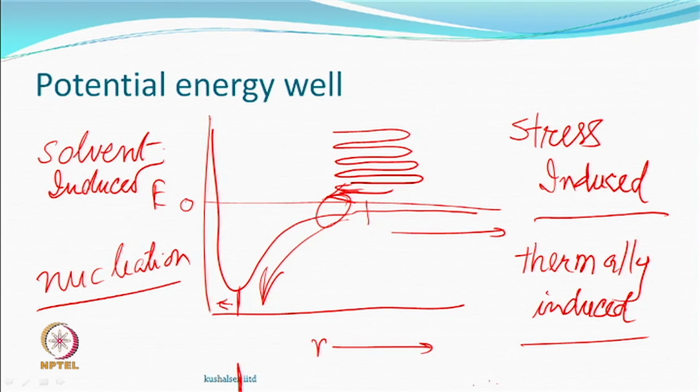That is, you put the fiber or whatever polymeric material in a proper solvent, which does the same thing as the thermal energy may do, and that can also give you solvent induced crystallization.